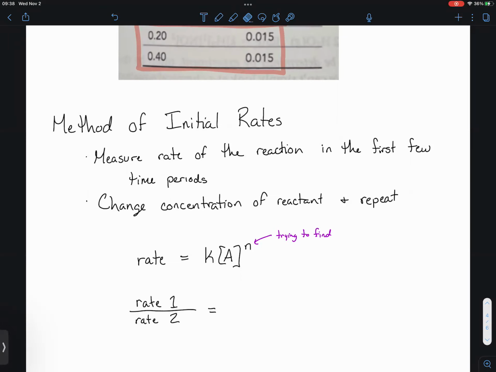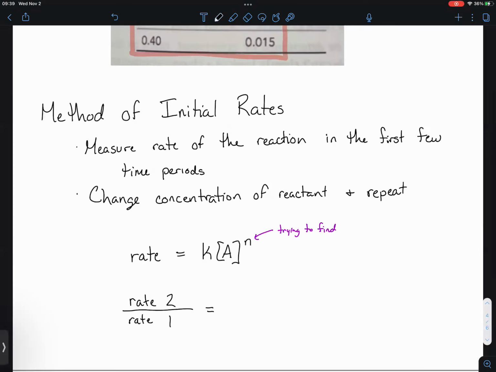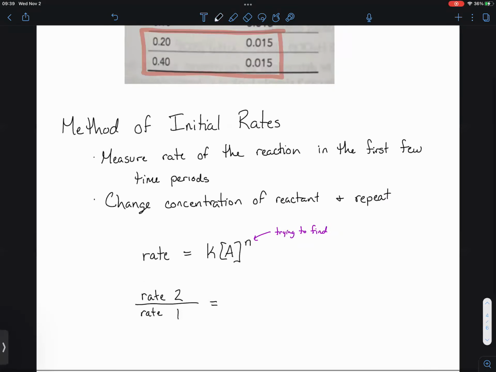Actually, it really doesn't matter, but I am going to flip this because it's going to make the math easier for us to do in our head. So we're going to call this point 1 and this point 2, and I'm going to take the rate of the second point and divide it by the rate of the first point.